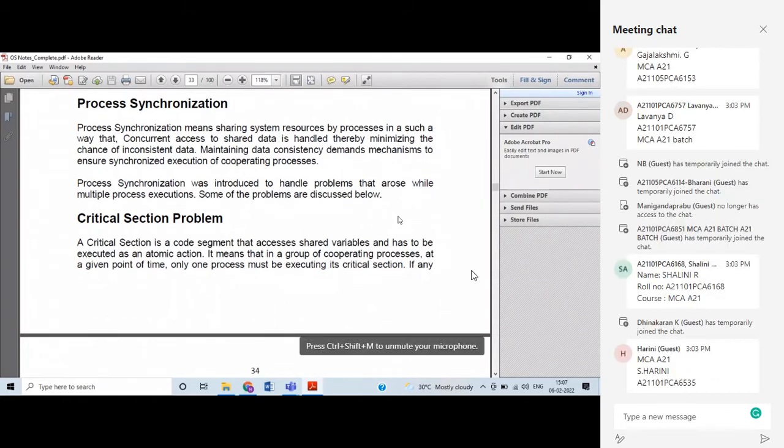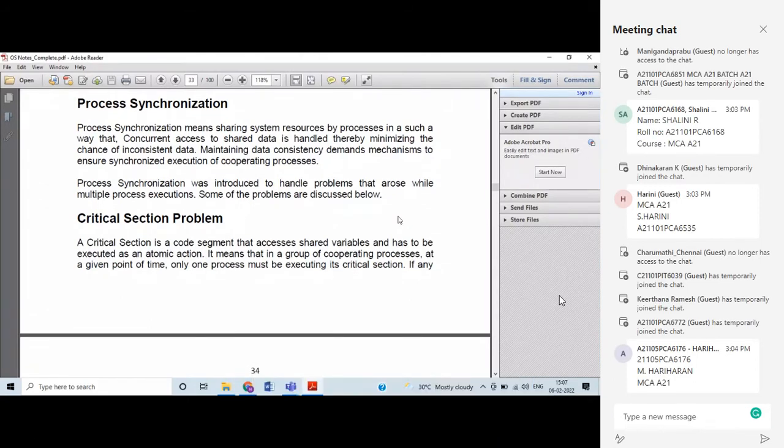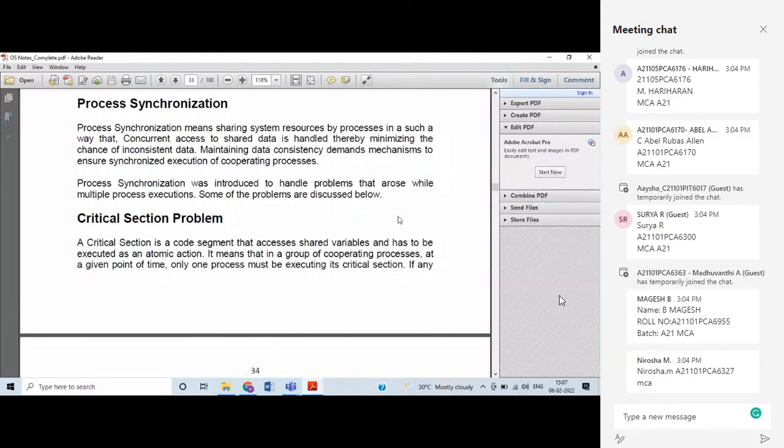Of course, the memory, the data inside the process, and the other resources, like the printer and the hardware devices. These system resources are shared by many processes in such a way that concurrent access to shared data is handled.